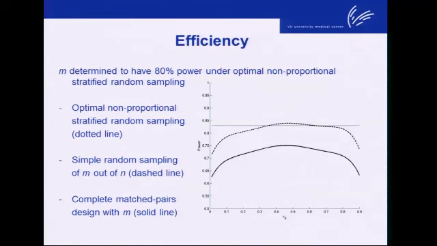So the straight line is the power under the optimal non-proportional sampling, which we fixed at a value slightly higher than 80%. The lower case is the complete matched pair design with m samples, so m paired observations, and you see that random sampling is somewhere in between, and so in the middle it doesn't really matter how you sample the m units.